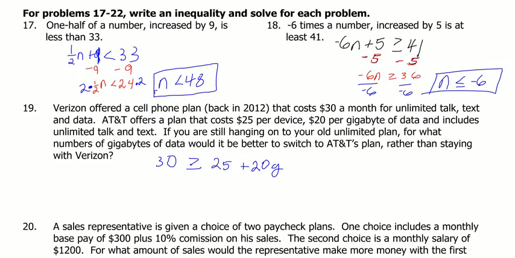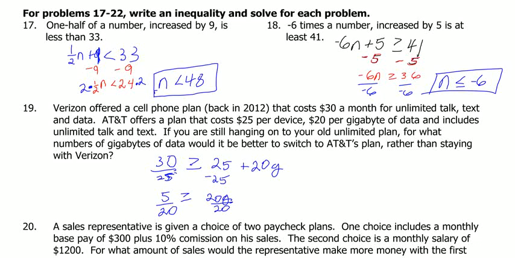So we're going to go ahead and subtract 25 from both sides. Okay, and that's the monthly cost of the phone. And that's going to be 5 greater than or equal to 20G. We divide each side by 20.